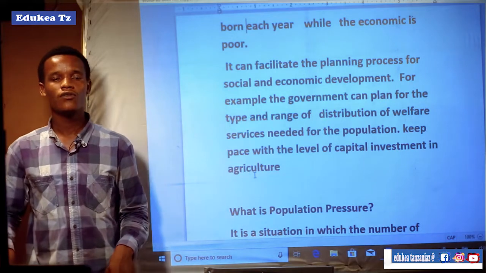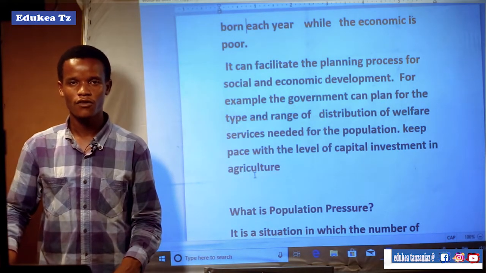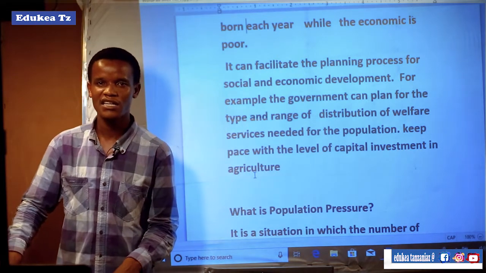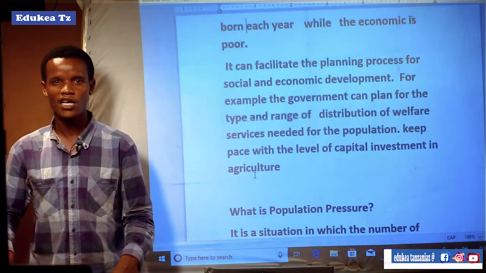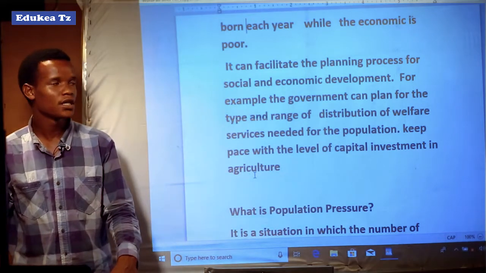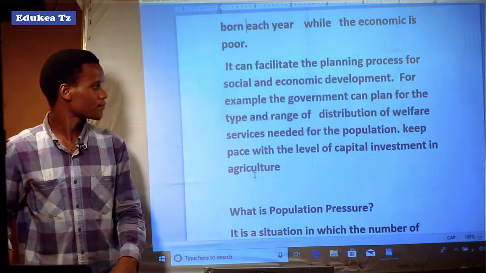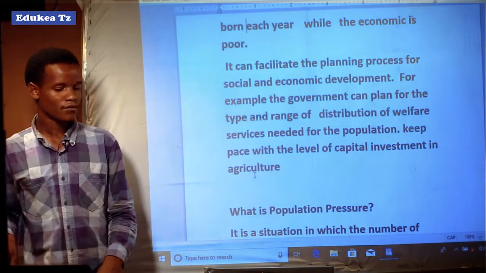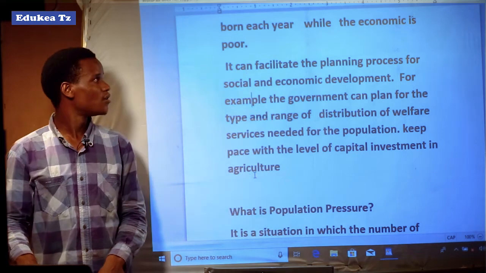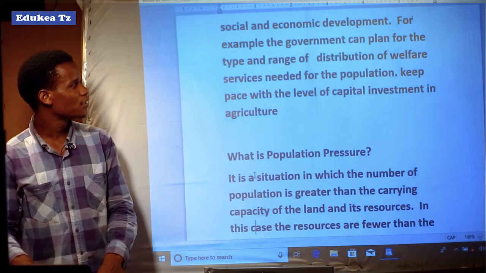How? Here we look at different levels, such as social development and economic development. Through studying and understanding the population structure, you are able to plan for economic and social development within a certain country. That is all about the importance of population structure, or demographic structure.